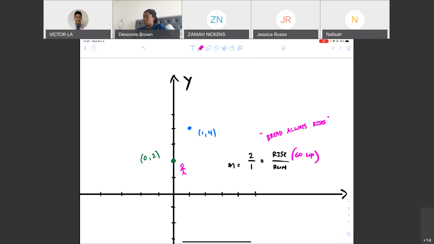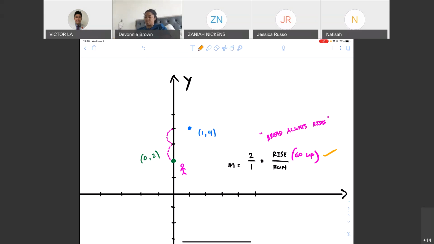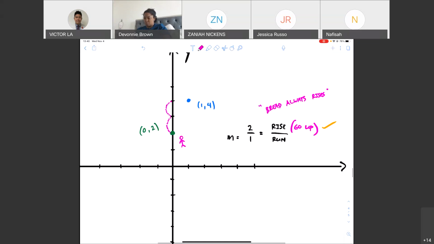So you go up, right? So you're going 1, and you go up 2. Right? So you've completed the rise. So check mark. You've gone up. Now you run. Which way do you run? Well, if you're running to the right, it's because you're positive.